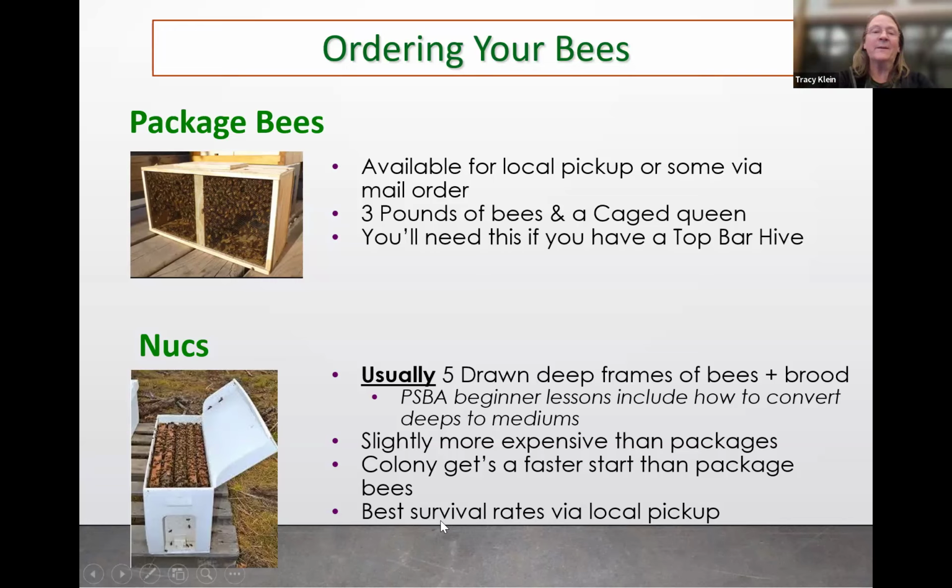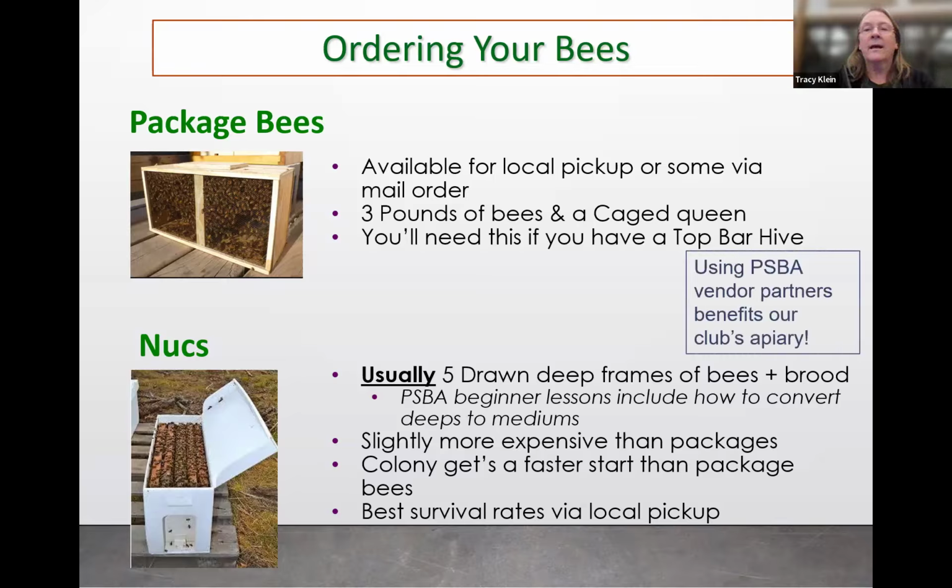They are slightly more expensive, but you do have a better survival rate, and they build up a lot faster in the spring. Using the PSBA vendors helps our club too. They're all vetted to make sure that they're solid vendors, and they always do a really good job of taking care of our members.